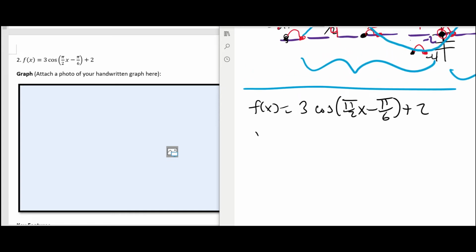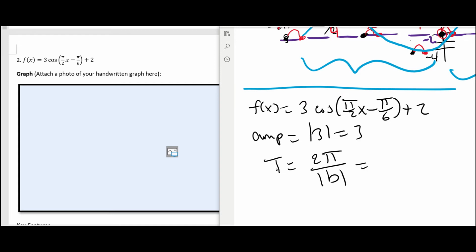So the amplitude is given by the 3, the absolute value of 3, which is 3. The period is given by your 2 pi over b term, absolute value, and your b term is the pi over 2, right? This term right here.